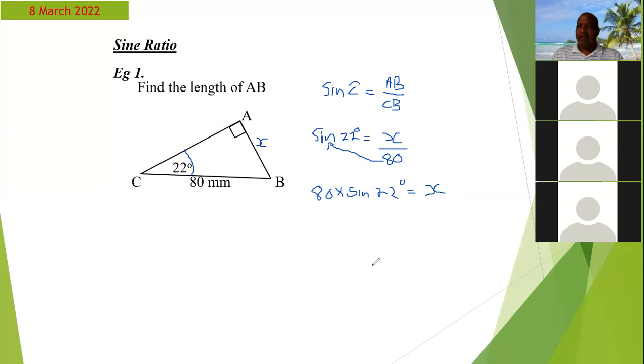So sine 22 equal. Do you get any value? Yes, sir. All right, so give me that value that you got. Sir, a long decimal number. Round it up to 3 decimal places.